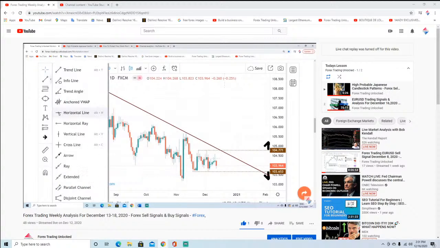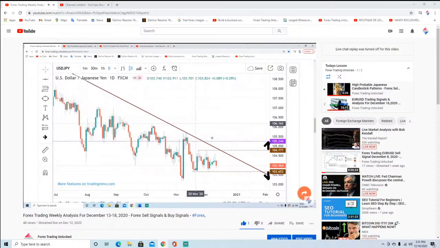Let me make it a little clearer with a horizontal line right there. So yeah, 105.24 area, I think you would most likely see us buffer against that first and kind of chop around as we take out the longer term downward trend and start to go into a neutral trend.